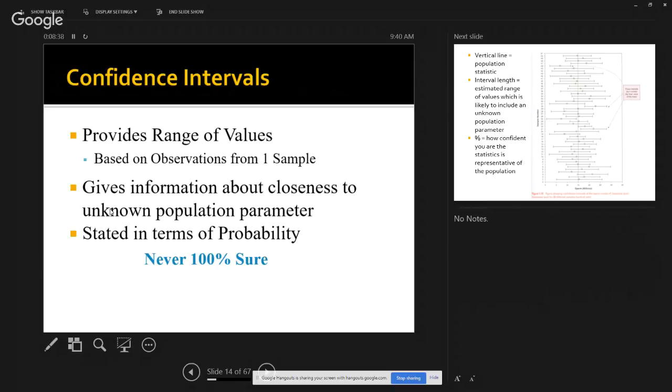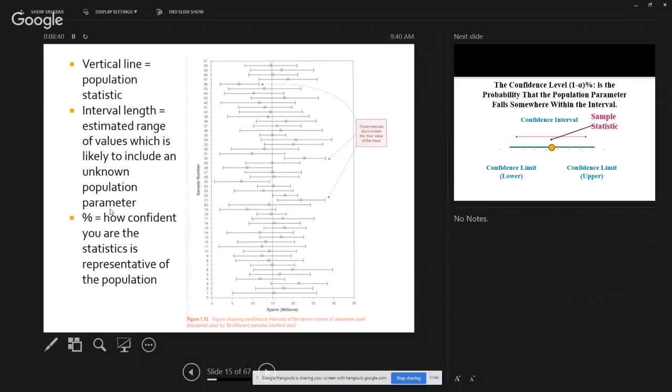Now, it's all stated in terms of probability. So this is from the textbook. If you haven't figured this out from reading it, Andy Field collects funny research articles that he finds, like weird things that people have done, and he thinks they're hilarious.